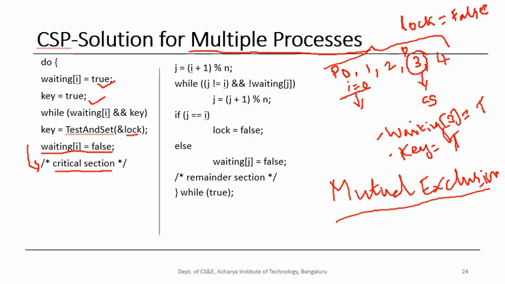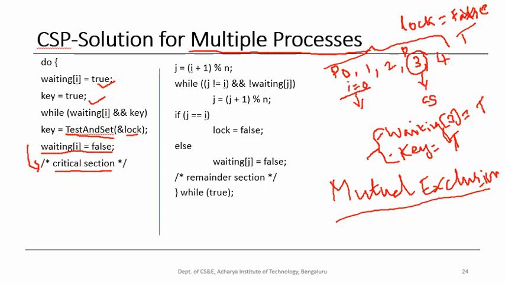Now let's see whether P3 is also allowed to enter into the critical section at the same time. Because P3 has made waiting of 3 is equal to true and key is equal to true, this process is allowed to execute the test and set instruction. What is the value of lock? Lock value is made true by Pi while entering into the critical section.